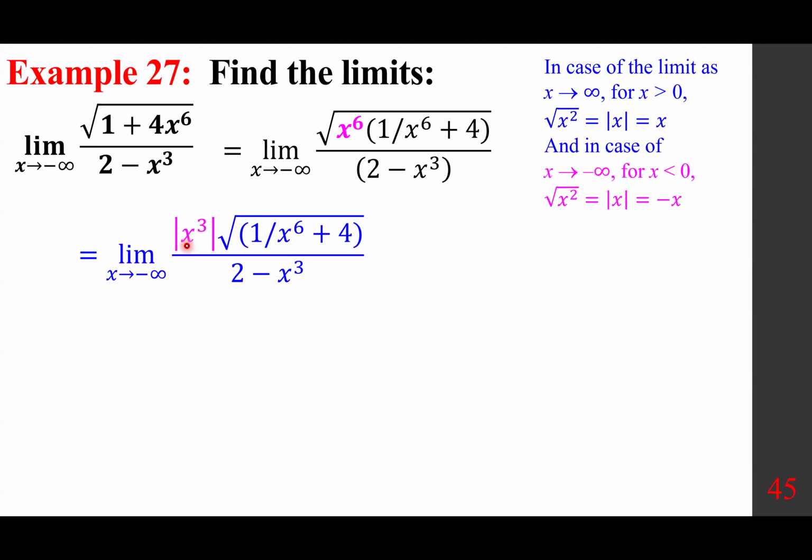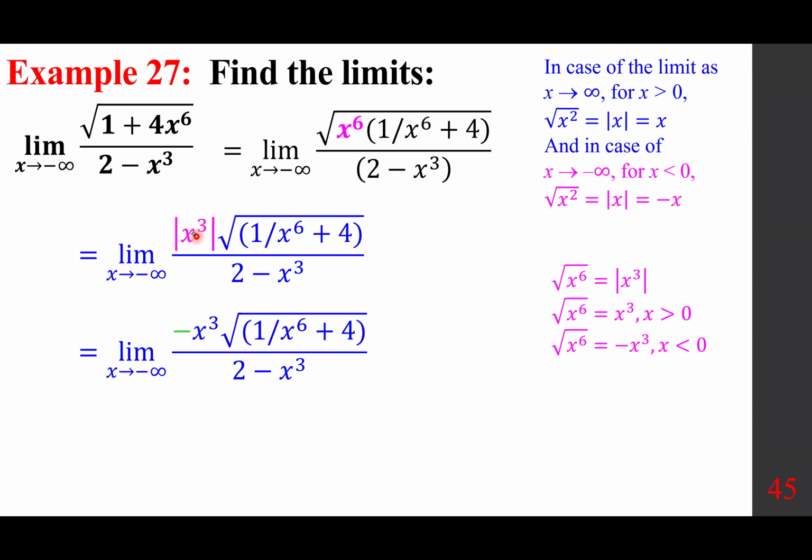this comes out as the absolute value of x cubed, and we need to figure out how to deal with that. The square root of x to the power of 6 is the absolute value of x cubed. It is x cubed if x is positive, and negative x cubed if it's negative. Since this is approaching negative infinity, we can replace this with minus x cubed.